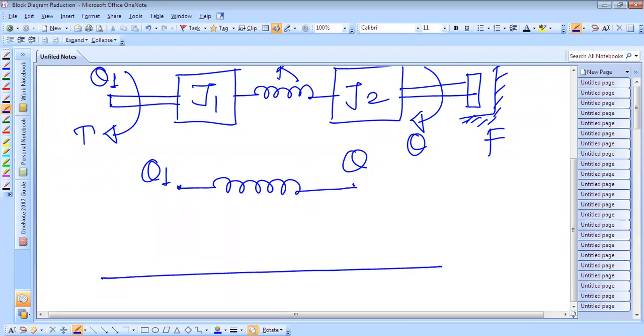This is a reference line, and between theta 1 and the reference, this inertia element is connected, and the torque is applied.